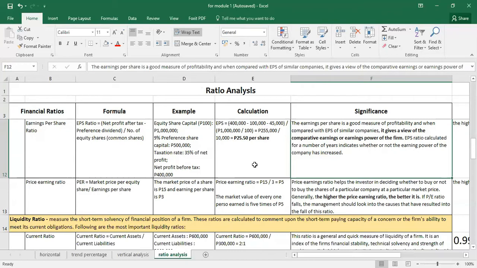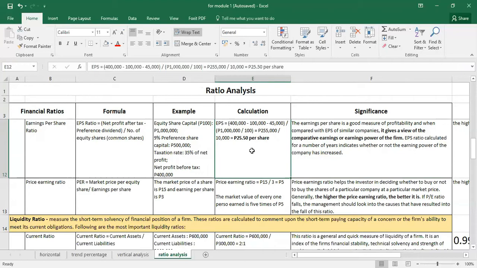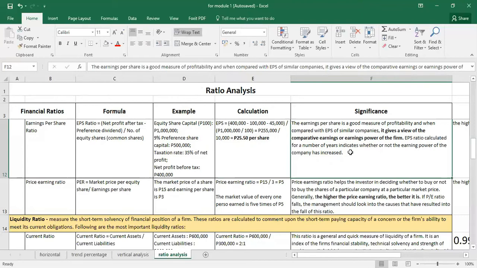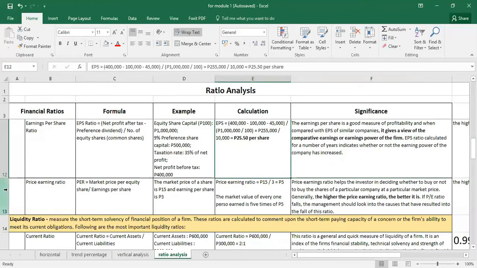Pero pagdating sa Jollibee, kahit hindi ganun kataas yung assets, kahit hindi ganun kataas yung sales nila, pero pagdating sa earnings per share, kasi hindi pwedeng tingnan lang natin yung superficial part. Kailangan applyan natin ang ratio. Pagdating sa earnings per share is 25 pesos. So, kung ako ay investor, mas pipiliin ko yung mas mataas, yung earning power or earnings per share niya na-earn sa kada shares of stock. So, again, the higher the EPS, the better.